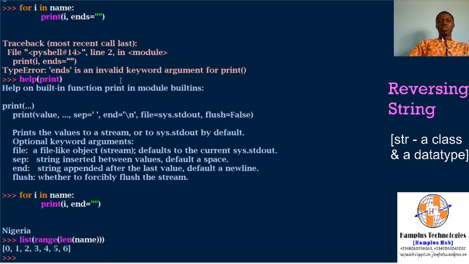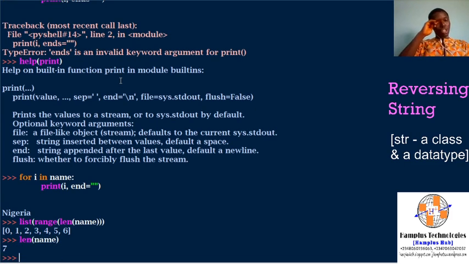It will give us from 0 to the last stop. And when we print this, it will exclude the last number. The length of the variable Nigeria is 7. So the range starts from 0 and ends at 6.